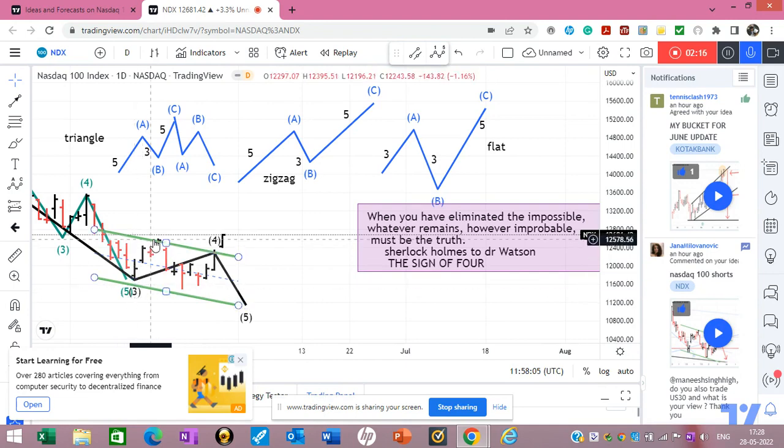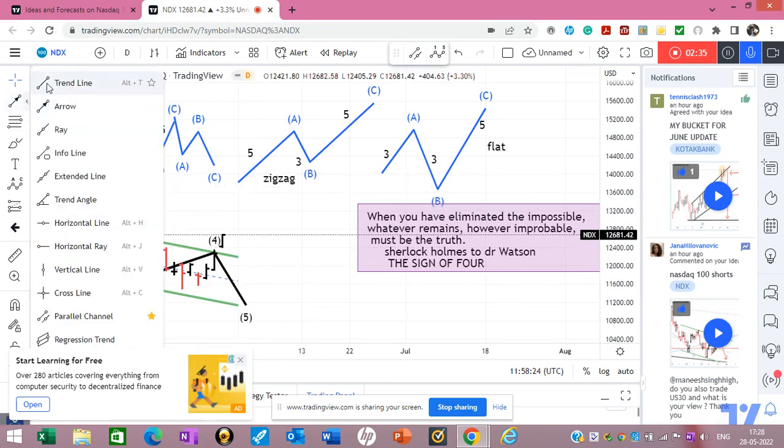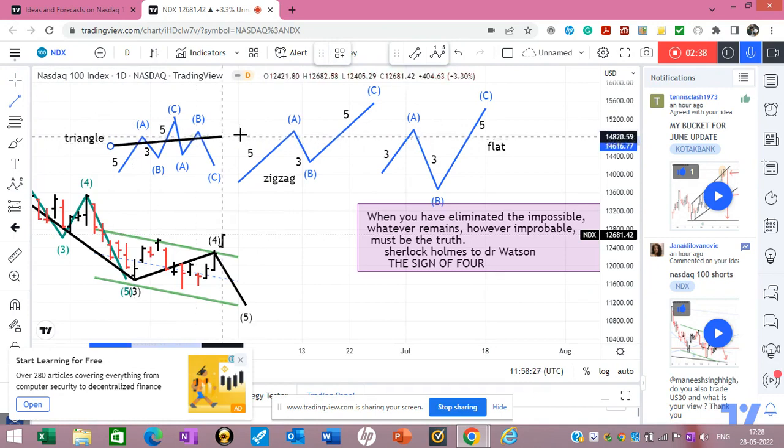Basically, this is not a triangle. A triangle has 5, 3, 5, and then again 5, 3, 5. It will only become a triangle if it has that kind of combination. So presently, this is not a triangle, and I will cut this out.